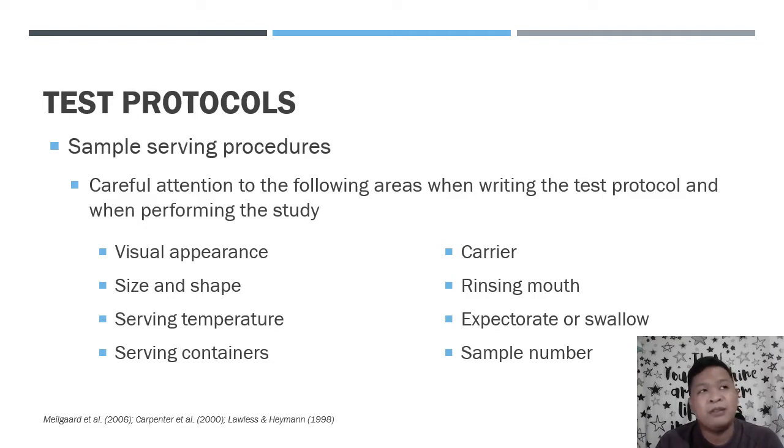Let's say if you're doing a sensory evaluation for peanut butter, you don't just give them peanut butter without, say, a slice of bread or a cracker, since usually you don't use peanut butter on its own. It's a spread for breads or other starchy carbohydrate-rich products. But you have to consider that the carrier is supposed to be more or less neutral, and it's not supposed to mask or enhance any deficiency in the sample being evaluated.